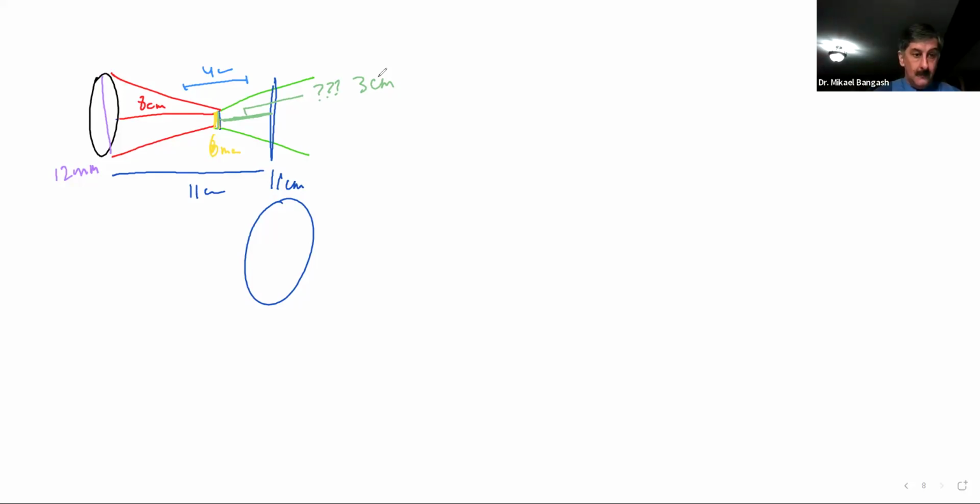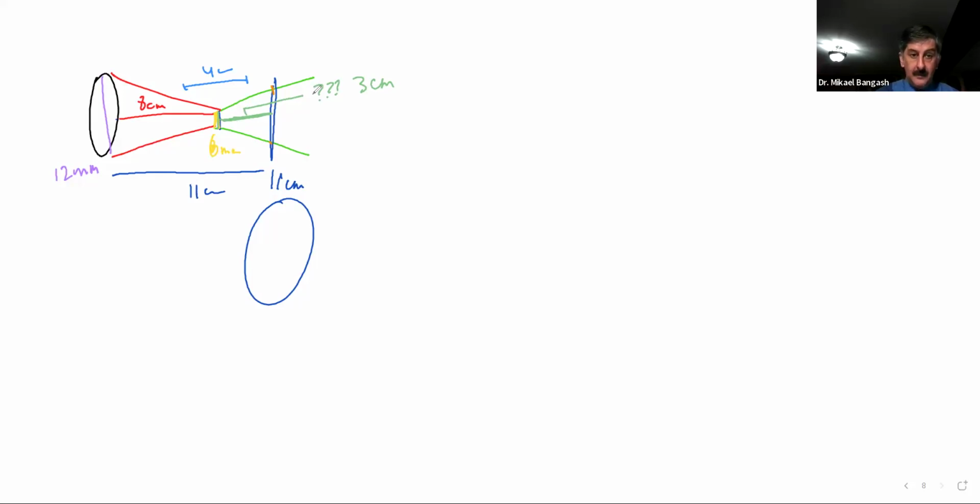So what would that mean? This would be the distance in the far zone. 3 centimeters into the far zone.